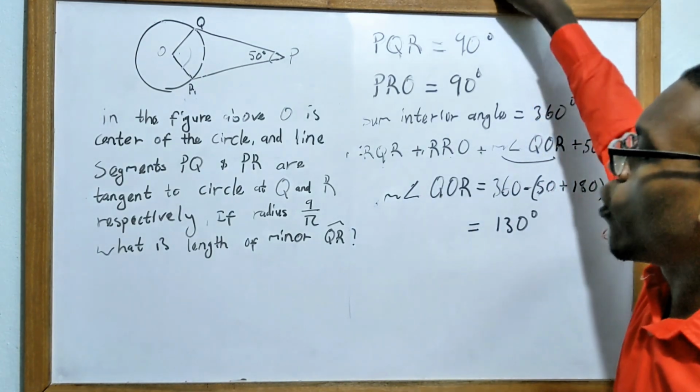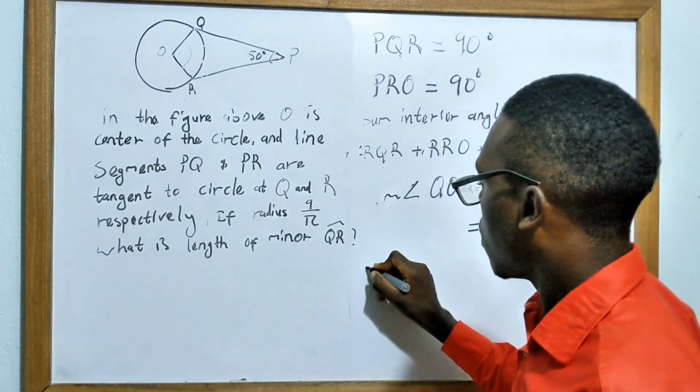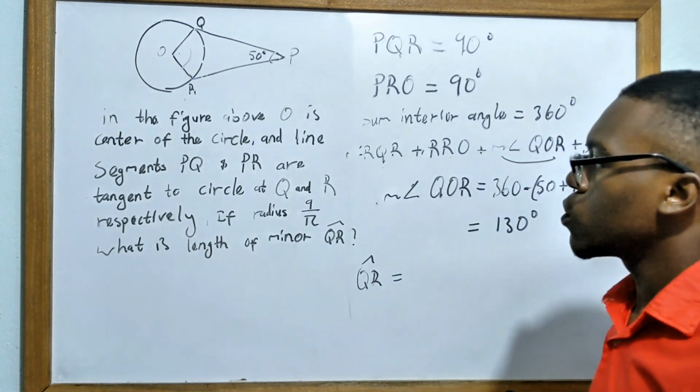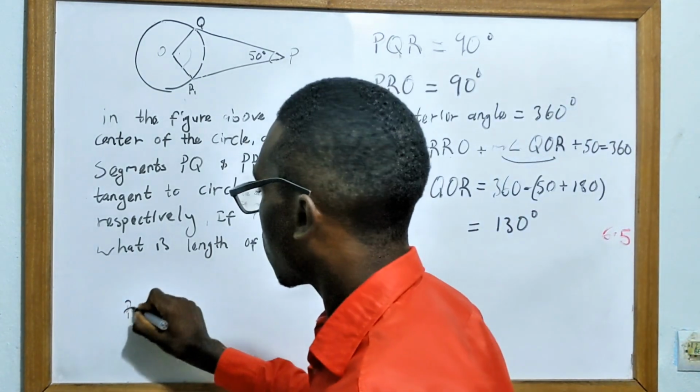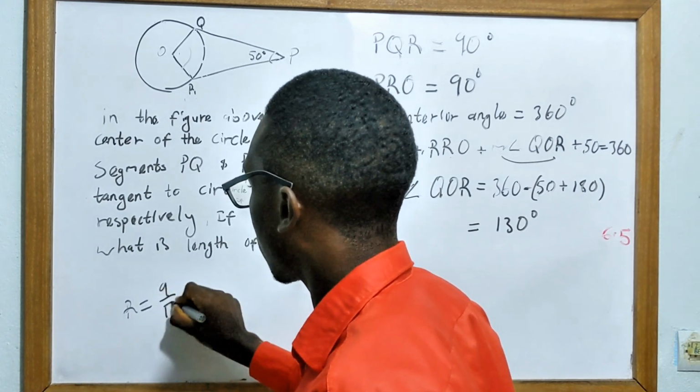Now we want to find the length of the minor arc QR. We know already that the radius R is equal to 9 over pi.